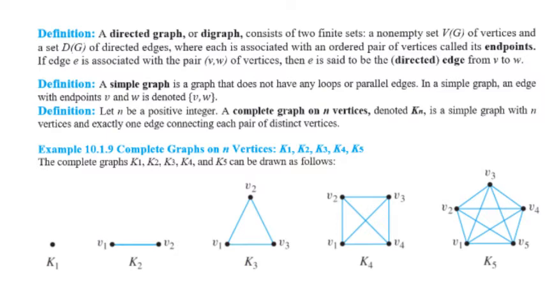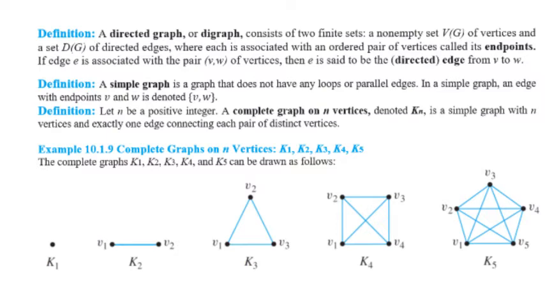So if edge E is associated with an ordered pair like V and W of vertices, then E is said to be the directed edge from V to W. Since the edges are directed in a directed graph, we need to represent the edges with an ordered pair like V and W so that we can distinguish the start point of the edge, which is V, from the end point of the edge, which is W.